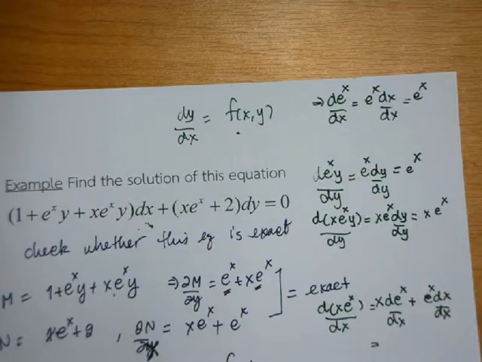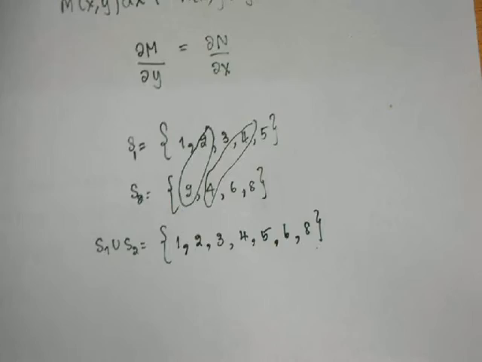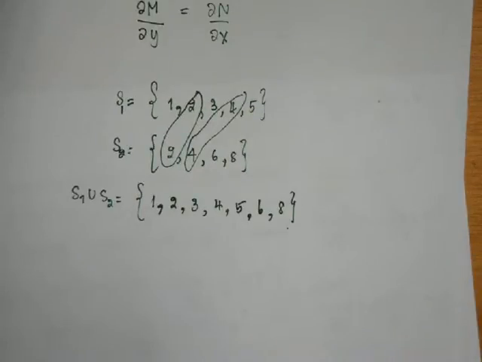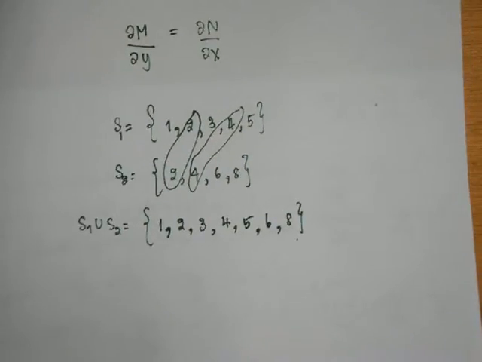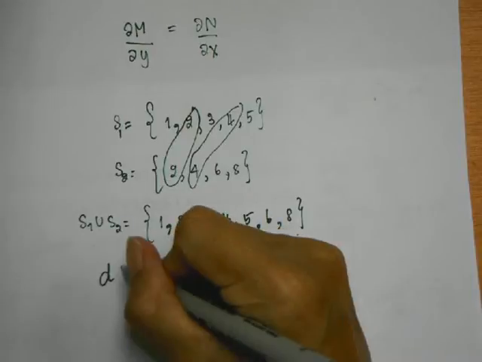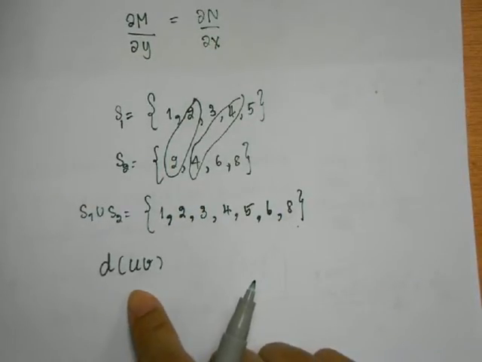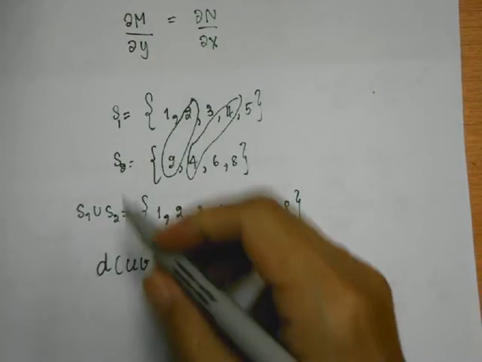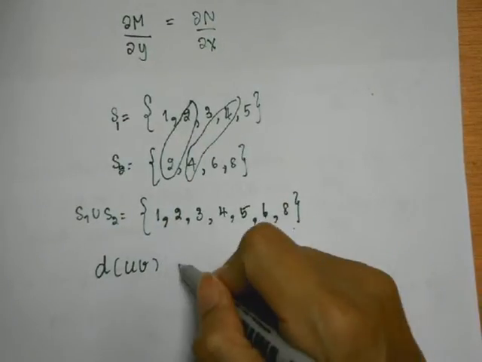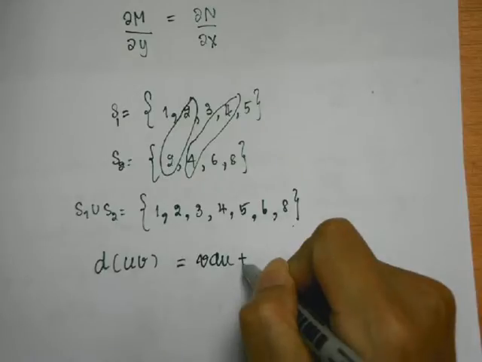There are too many formulas that you guys have got to review from calculus. Let me put it this way. If u and v are functions, the derivative of uv is equal to v du plus u dv.